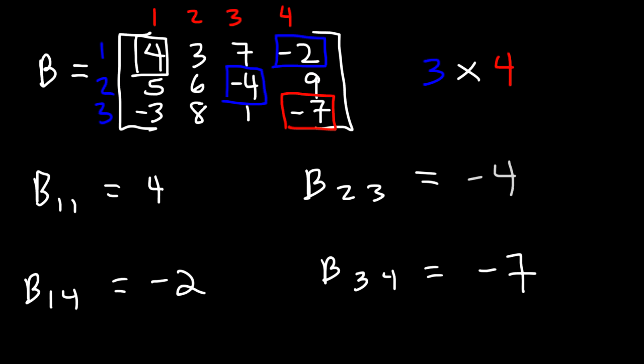So you need to be able to determine the order of the matrix and the value of every or any element in the matrix. So what I'm going to do at this point is I'm going to give you a list of matrices, and I want you to identify the order of each matrix. So let's say if we have matrix C and it has the numbers 3, -5, 2, -1.